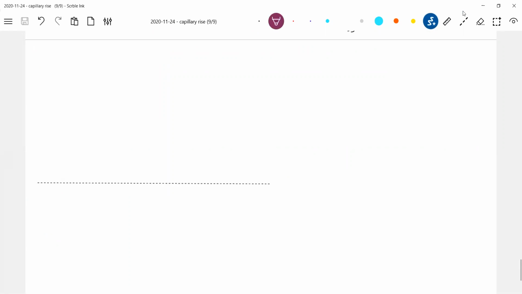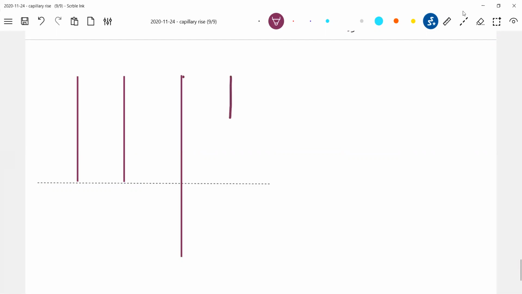If I bring a capillary tube near mercury, what will happen to the mercury?